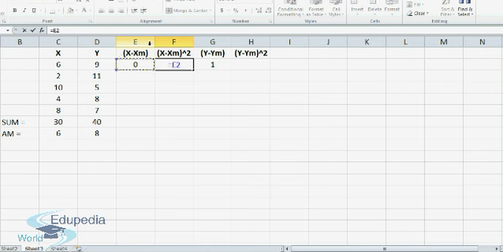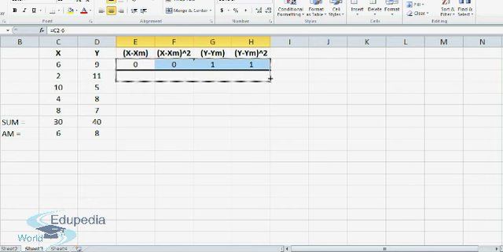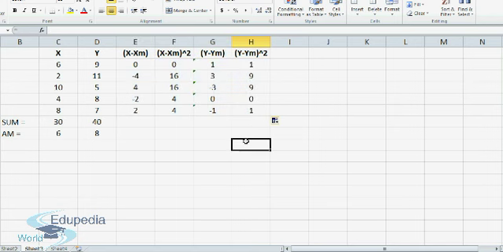This will be the square of the term here, and this would be the square of the term here. Okay, now I can drag down together for all the 5 cells in these 4 columns. Yeah, so I have the values there.